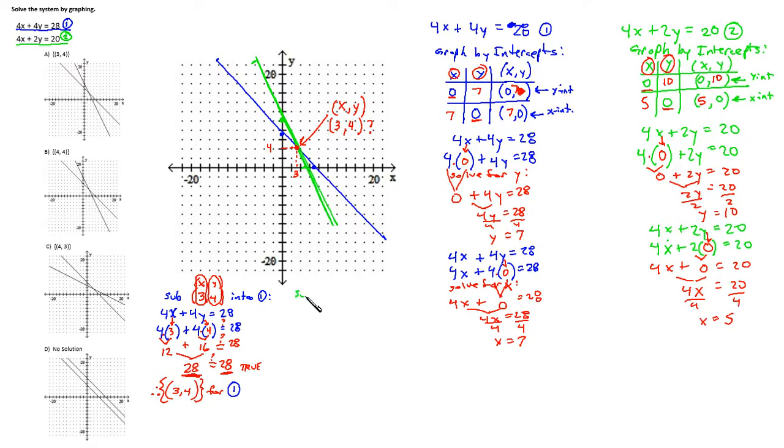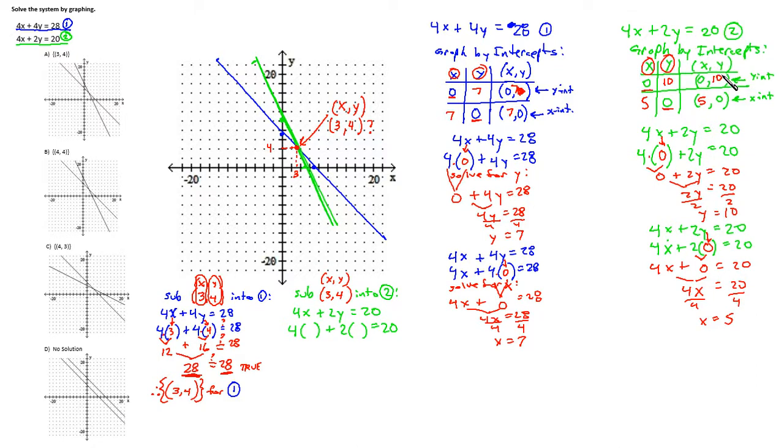We're going to substitute our red point, 3, 4, which is an x and a y value, into equation 2, our green equation. Our green equation is 4x plus 2y equals 20. Get this equation ready with parentheses for the coordinates of our potential solution.